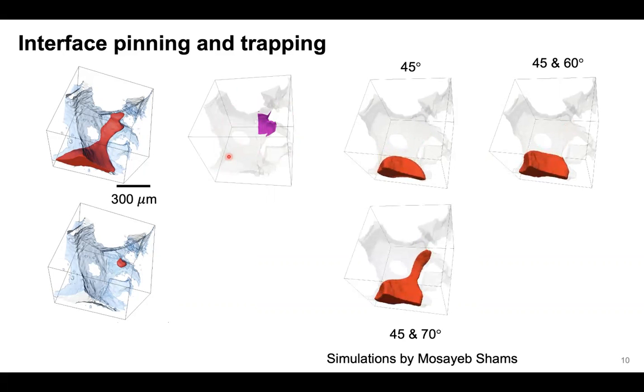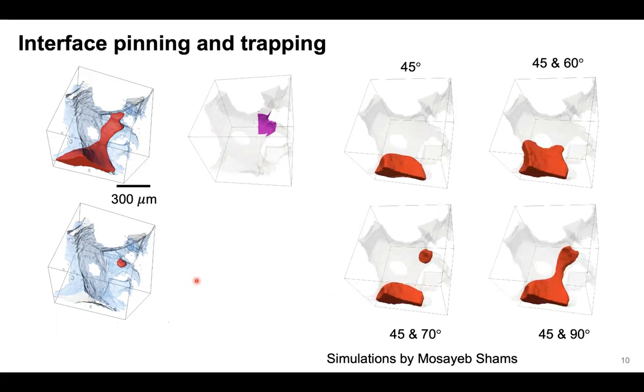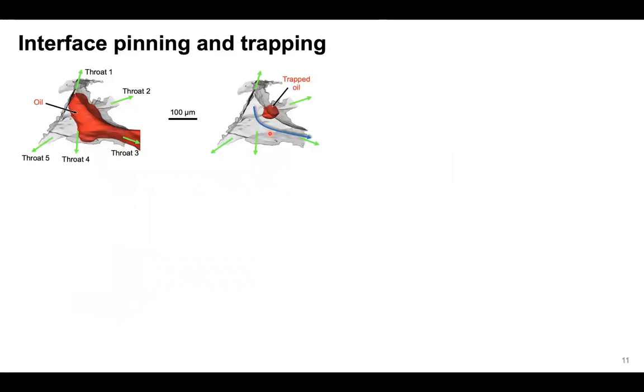But as soon as we made it 70, we see the trapping, what we saw in experiments here. And if we increase the contact angle, we still see the trapping. It's only because of contact angle we see different sizes. So it's dependent on the contact angle we put in the simulation. And the second thing, the size of this trapped ganglion is dependent on the size of patch we use.